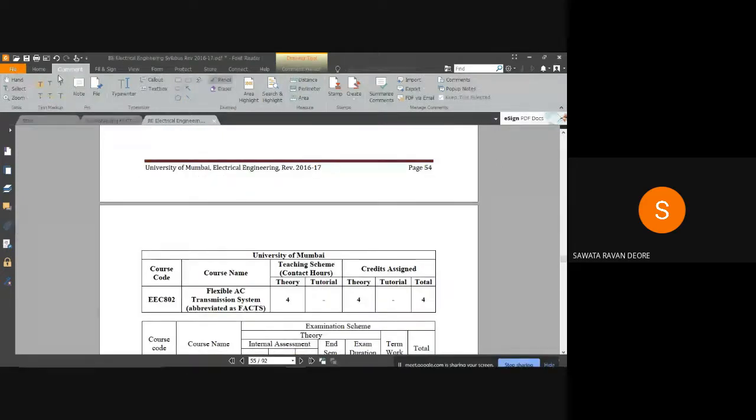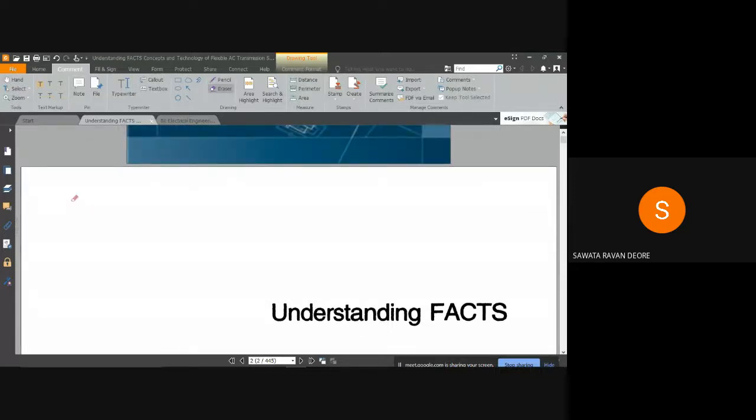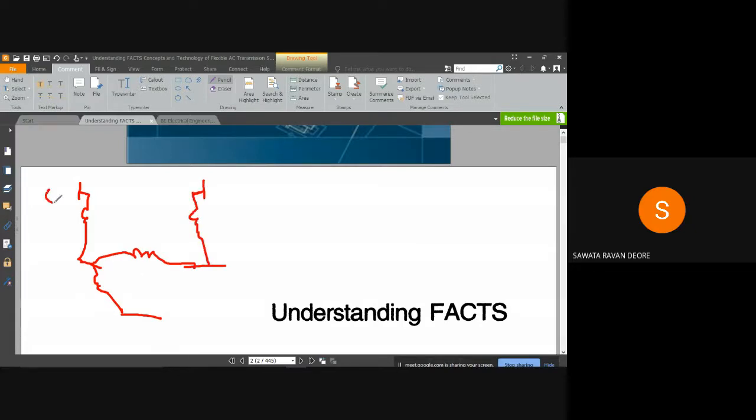Practically, there are many buses in the power system, and all those buses have some sort of interconnections, where these buses either have generators along with local area load.